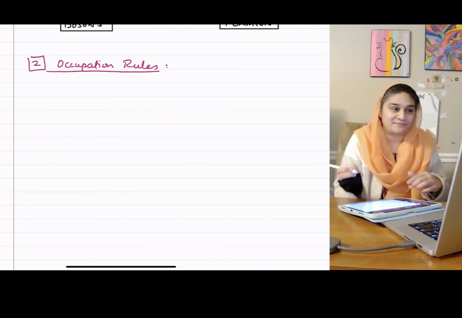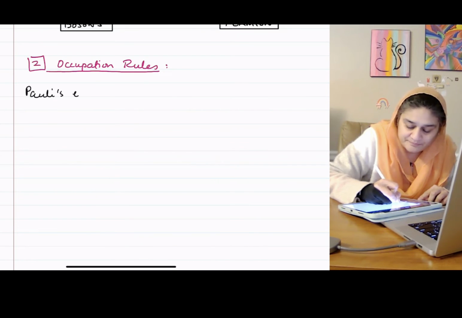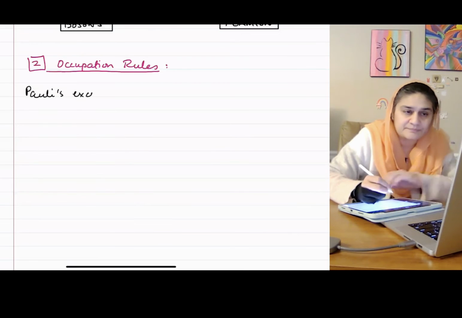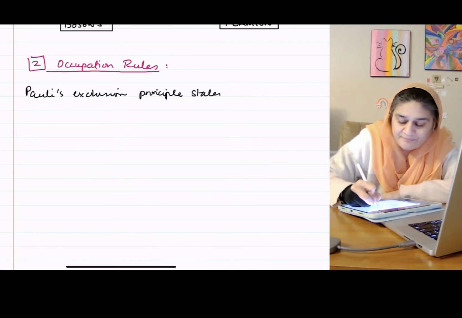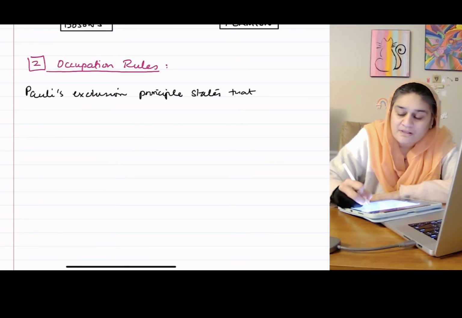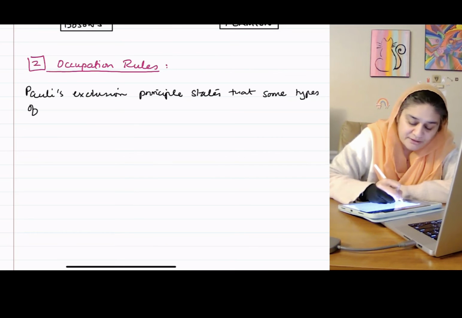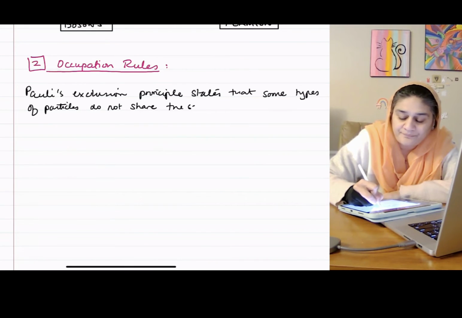Now, let's write that down. Pauli's exclusion principle states that some types of particles do not share the same quantum state.